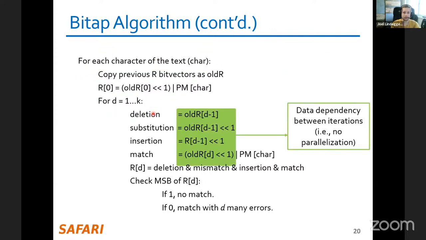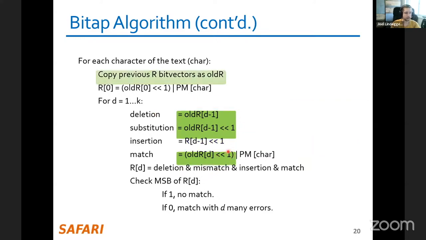And then there are data dependencies going on. In the inner loop, we have data dependencies on the previous outer loop iteration. Sorry, this old R that's referenced is the R from the previous iteration. So we cannot parallelize multiple of these iterations essentially.